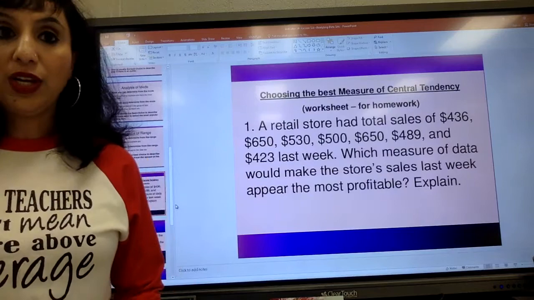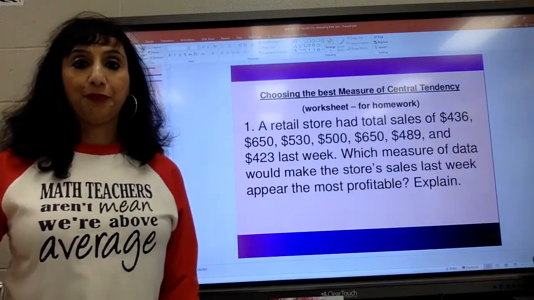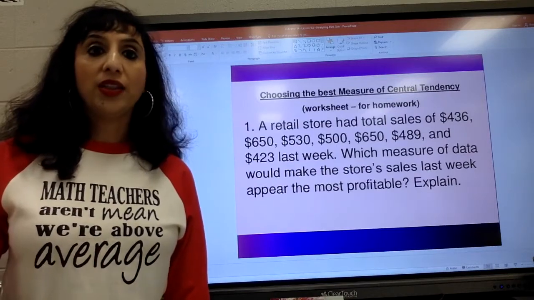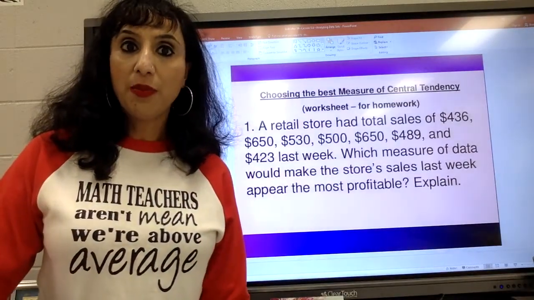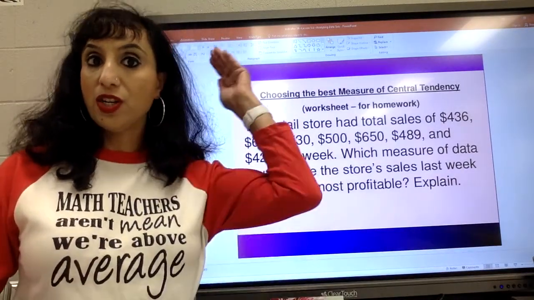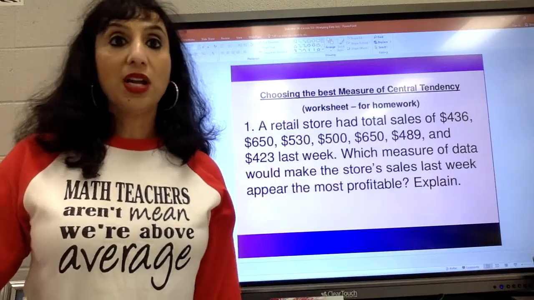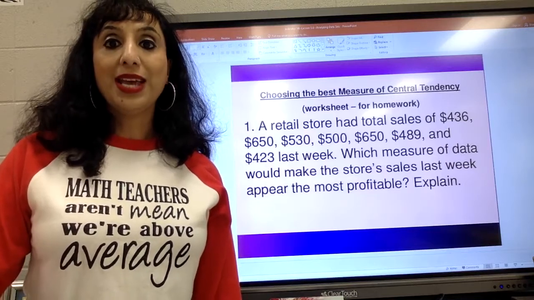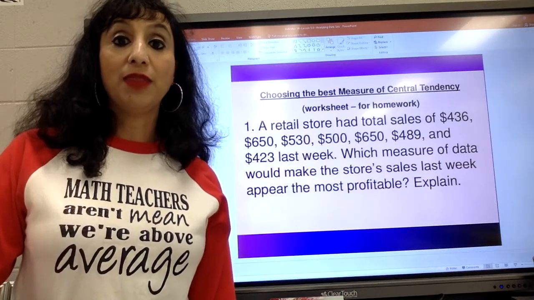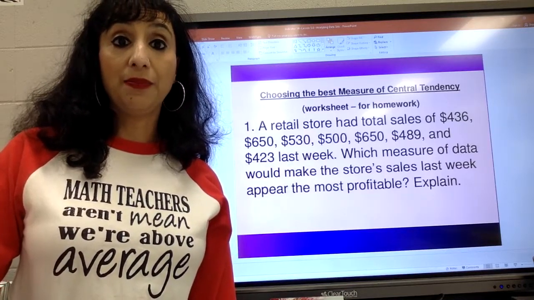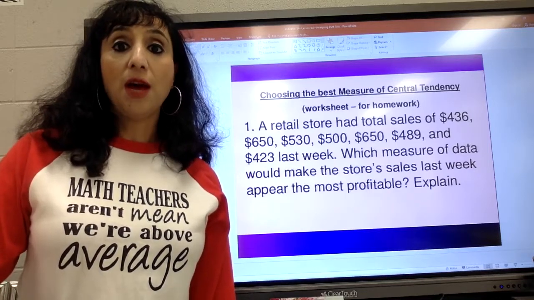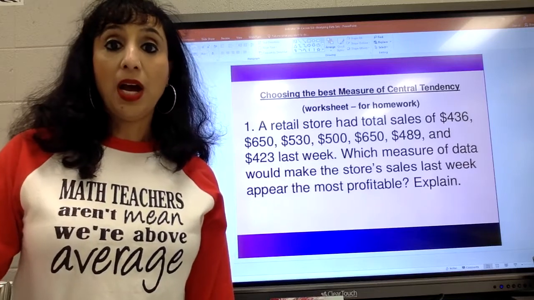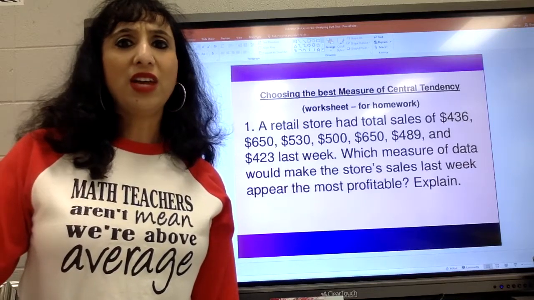So now, guys, when you want to show it is the most profitable, you try to use a number which is right at the top, so it looks like your store profits are awesome. In this case, mode would be the thing to use, because you have 650 repeated 2 times, and it's also at the higher end.